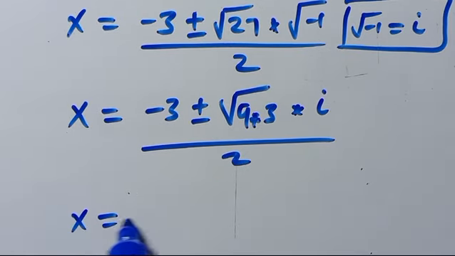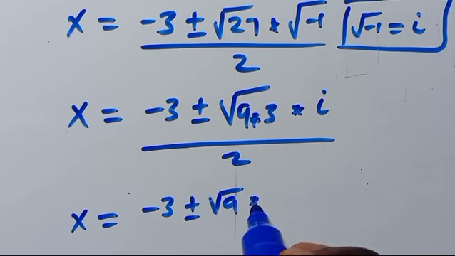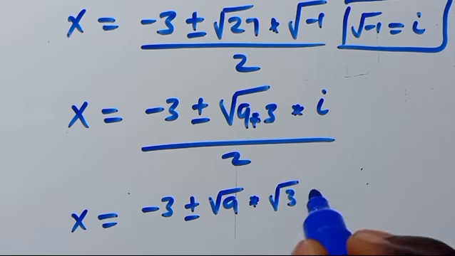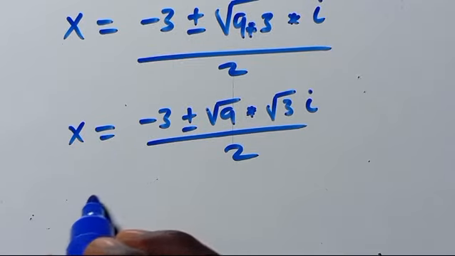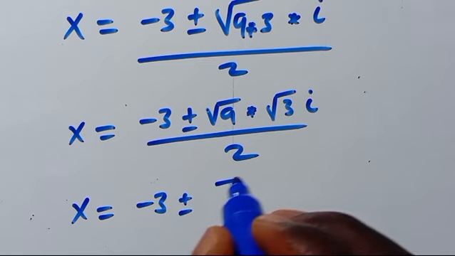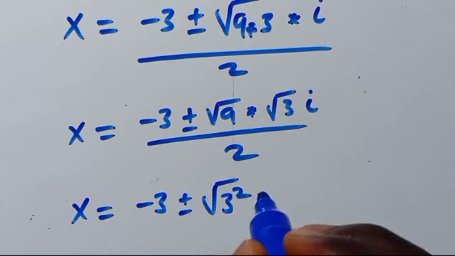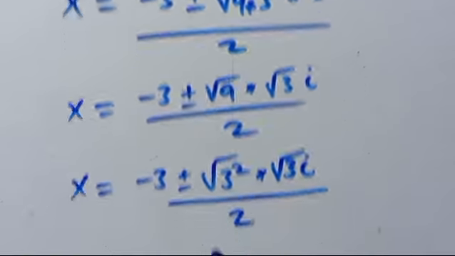So we have x equals minus 3 positive or negative root 9 times root 3 i over 2, which is minus 3 positive or negative 3 times root 3 i over 2.